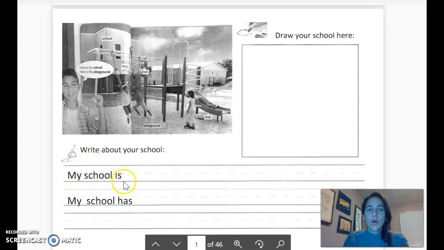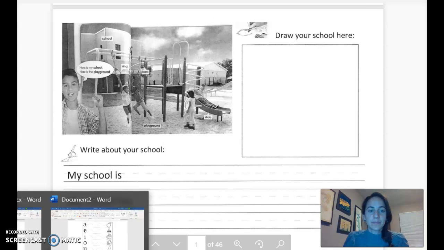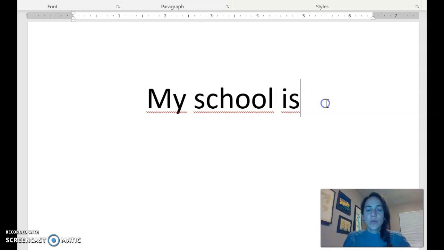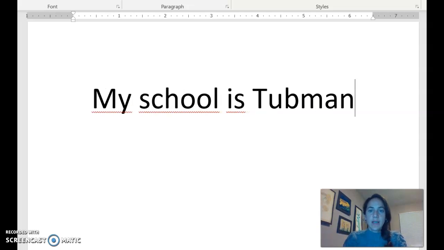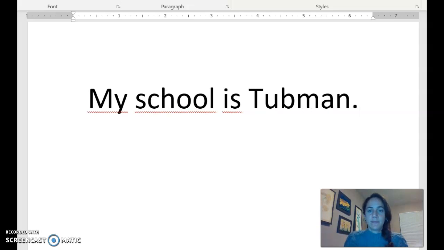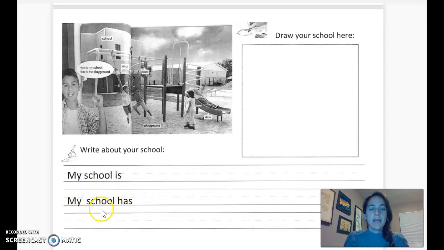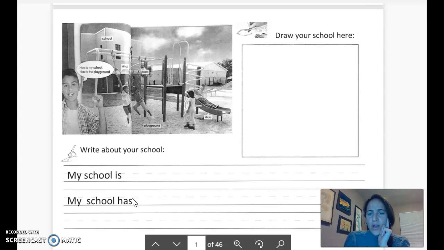My school is. So I would write, my school is Tubman. Now it says, my school has, como mi escuela tiene. What could we put here?